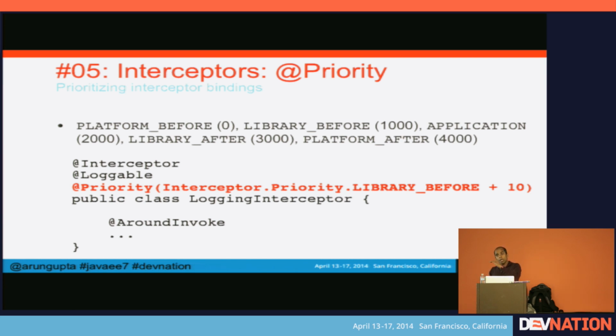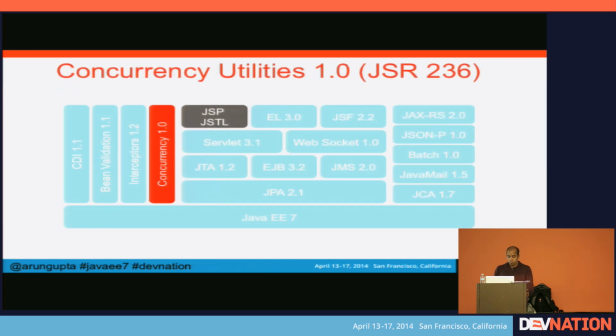So they will be invoked in that priority. So of course, the one with the 0 is going to get invoked, and then library before, and then application, then library after, and platform after. So depending upon what the priority value is, they get invoked in that specific order. So this is a brand new feature as part of Java EE 7. As a matter of fact, everything that I'm talking about in this presentation is a new addition to the Java EE 7 platform.